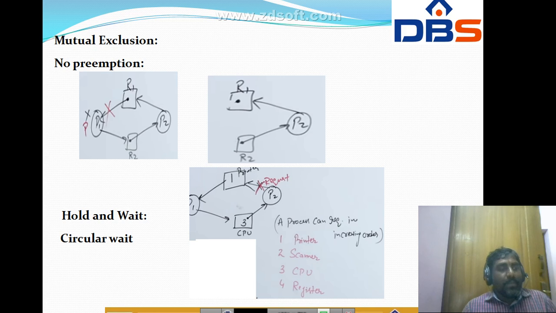Okay, like that. Next one is hold and wait. In this hold and wait situation, we are trying to make it false, that is, no hold and wait. If there is no hold and wait, there is no deadlock. If a process comes and says it needs 3 resources, before the process starts, we will give all the resources to that particular process.